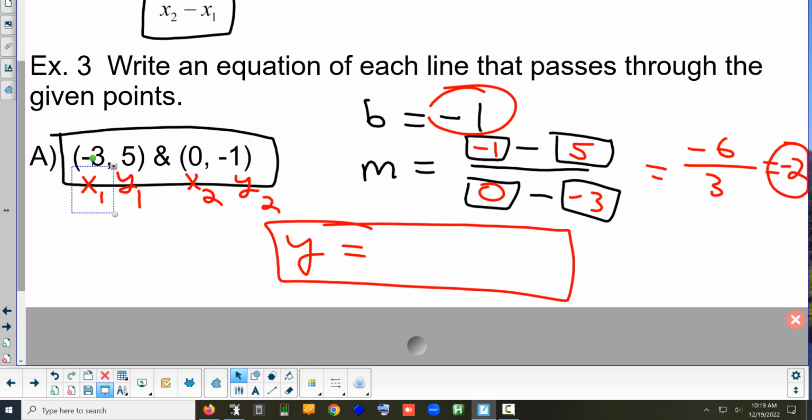Yeah? y equals -2x minus 1. y equals, let's see, -2 is my m. And what did you say b was? -1. And there you go. That's your equation. -2x minus 1.